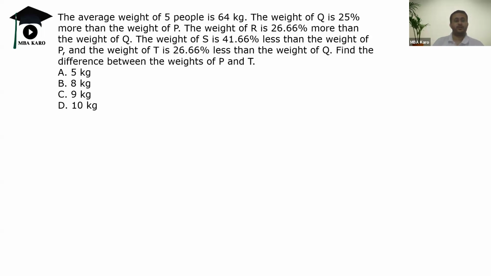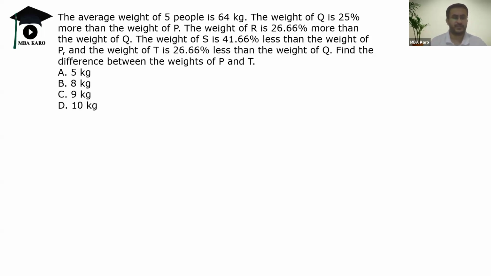Now, this is a common trait in NMAT, wherein they ask lengthy questions, although they will be easy. I mean, logic wise, they will be easy, but calculation wise, they will be intense. How to deal with these kinds of questions? So when we see this particular question, it is not actually a question based on average.